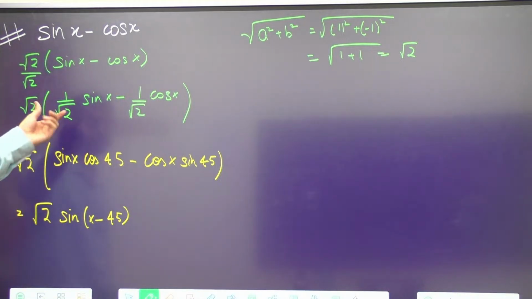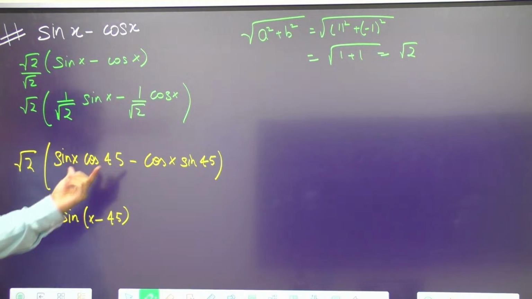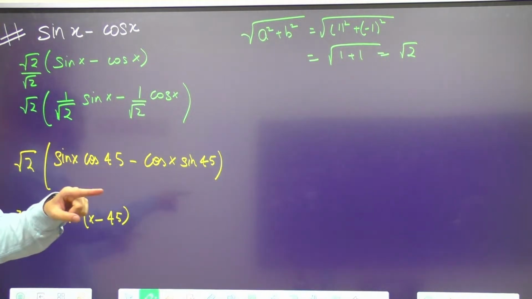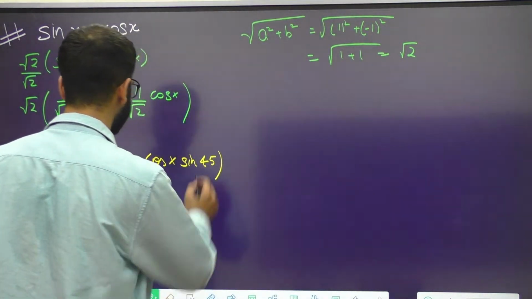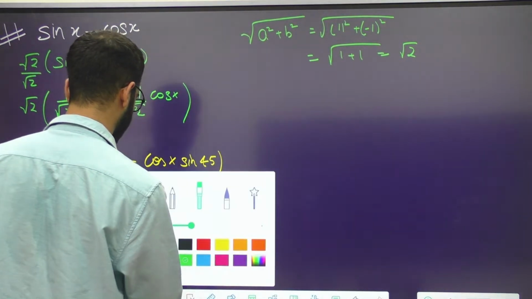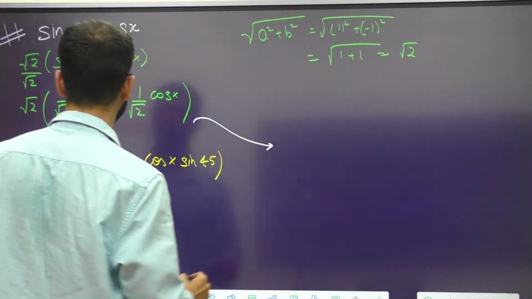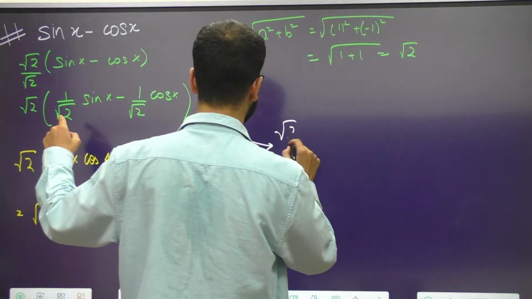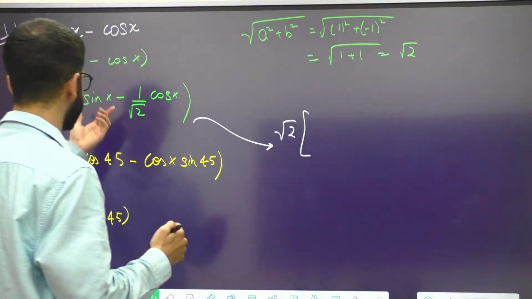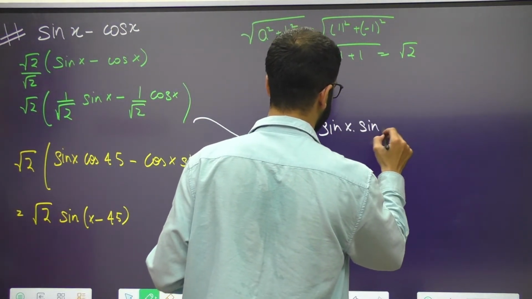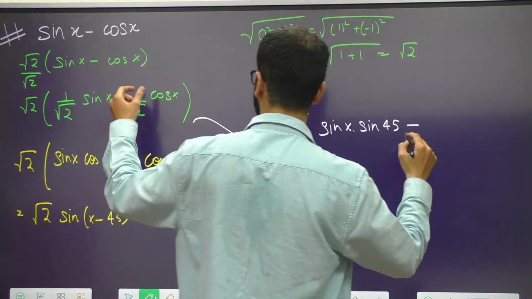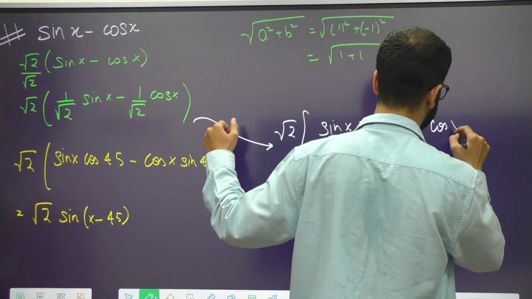Now if instead of putting 1 by root 2 as cos 45, I had chosen sin 45, then let's see how the result would have turned. So now over here I am going to substitute in a different manner. Sin x into sin 45, then minus of cos x into cos 45.